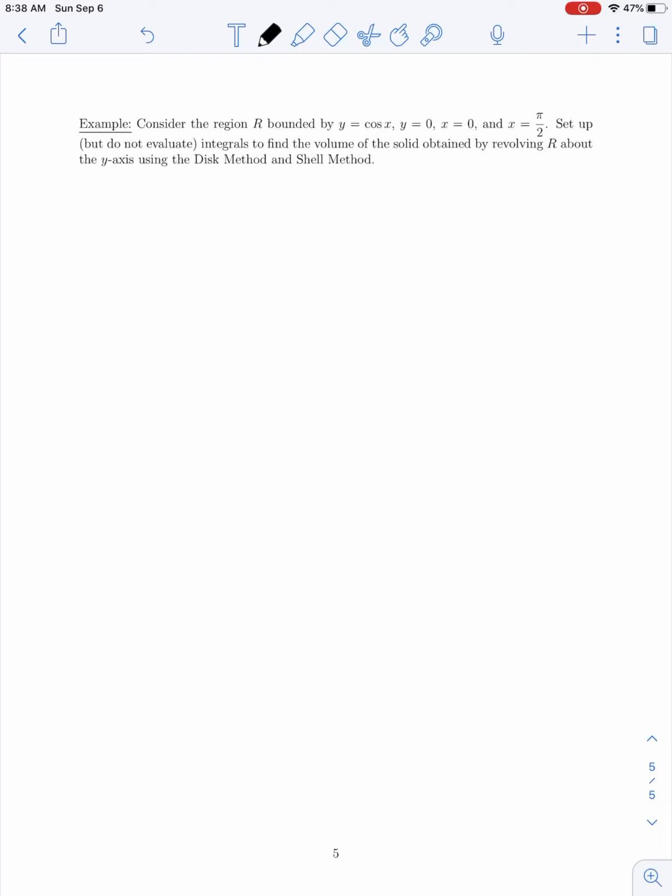So let's sketch our region here. We have the region bounded by the graph of cosine x, the x and y axes, and x equals pi over 2. So here let's start by sketching our x and y axes. Now we know that the graph of y equals cosine x intersects the y-axis at 1, since cosine of 0 is 1, and it intersects the x-axis at pi over 2.